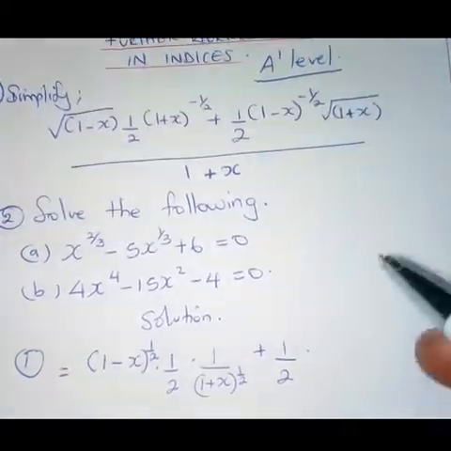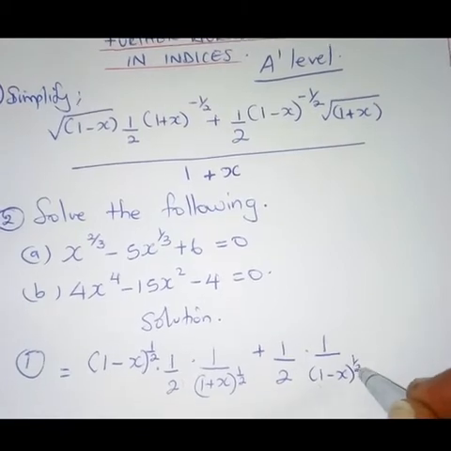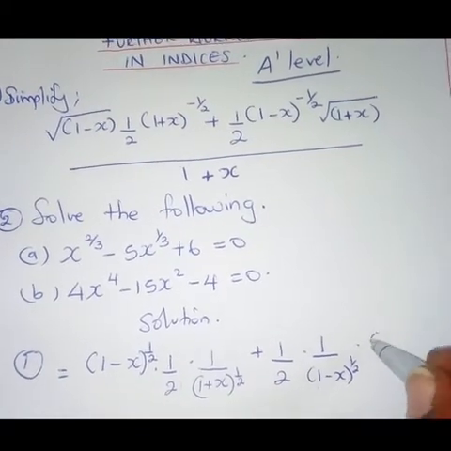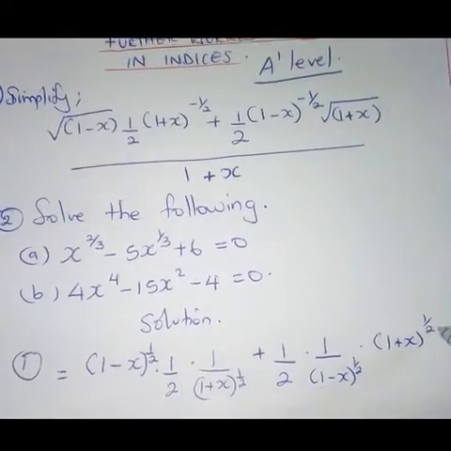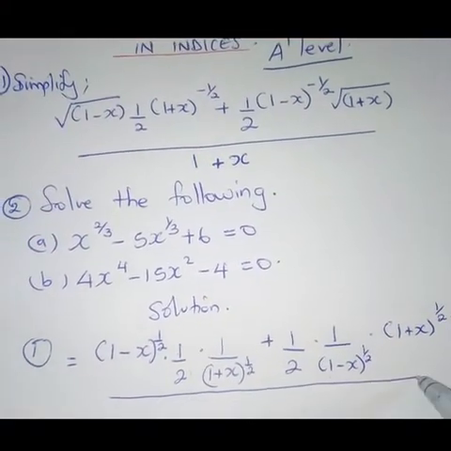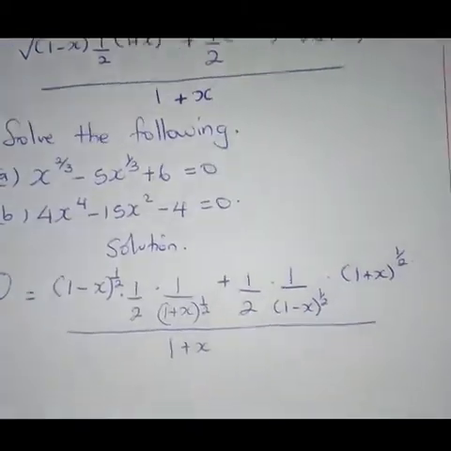Then this has a negative power, so we shall get the reciprocal, 1 minus x to the power a half times 1 plus x. This root means a fraction of power, and everything is divided by 1 plus x.